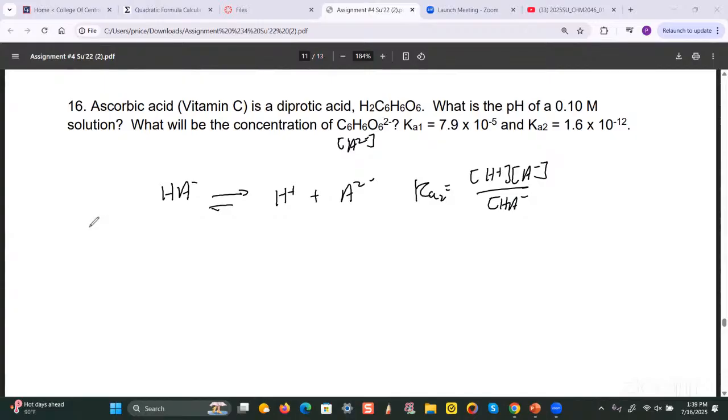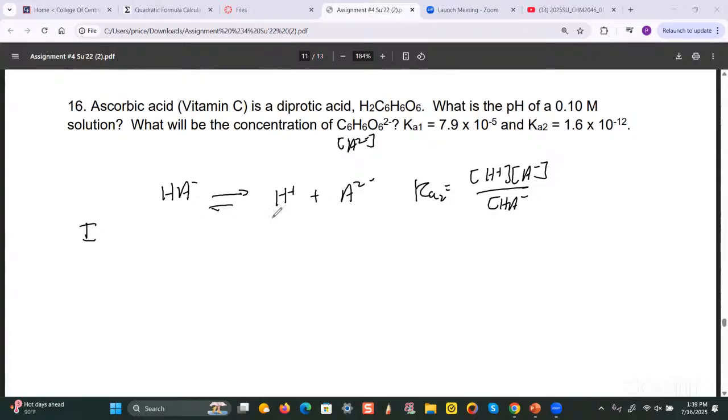So we set up an ice table. Now, here's the thing. The ice table will contain values that were obtained from the previous equilibrium ice table. In fact, the final set of values in that previous ice table would be the initial values that you're going to have here. Since I erased it, I'm going to depend on you guys. What was the concentration of H plus that we got at the end?